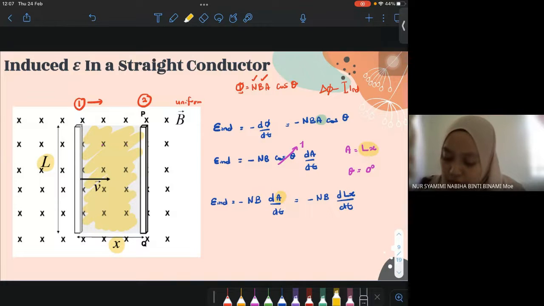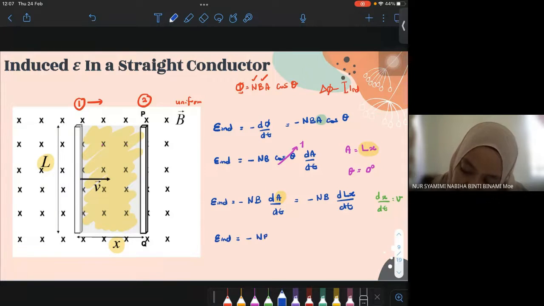Okay, one more thing I know: dx over dt is equal to the velocity. So I substitute back: E induced for a long straight wire is equal to negative N B L V. Okay, so in our final equation, the negative only indicates the direction.